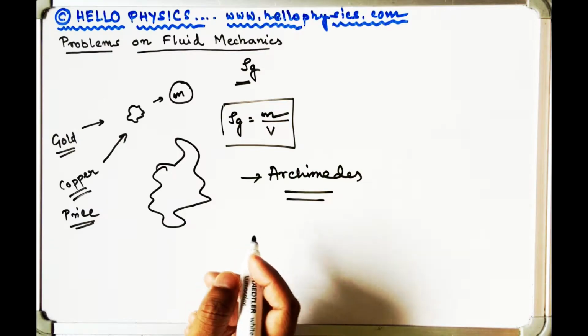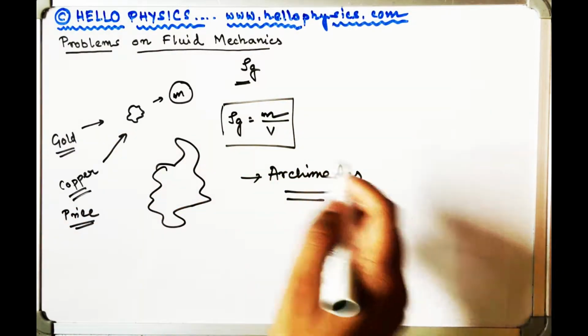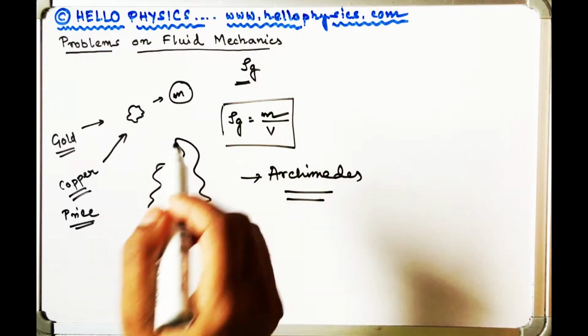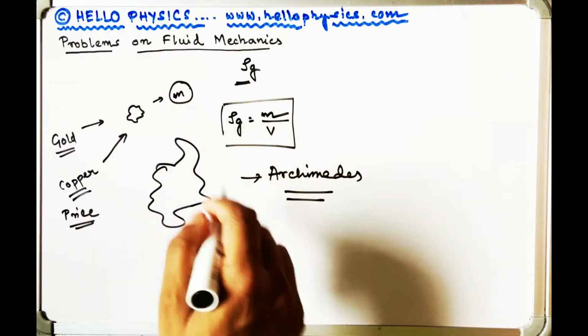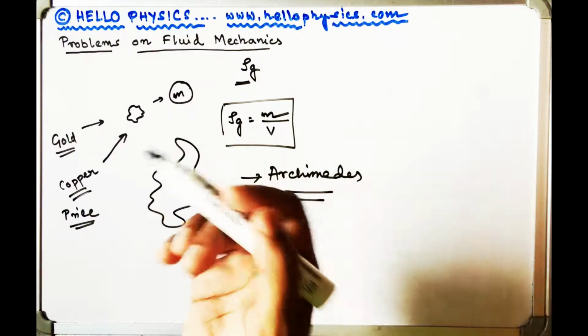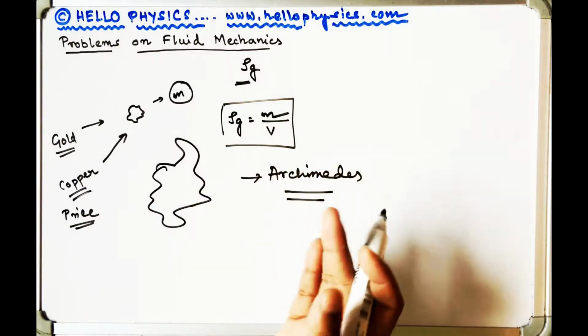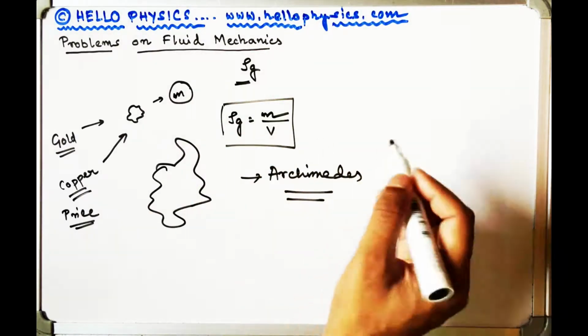So here in this problem, we would be using the Archimedes principle to measure the volume of these randomly shaped objects, and that in turn would be used to measure the purity of gold, okay? Let's come to the problem. Let's come to the statement of the problem now.